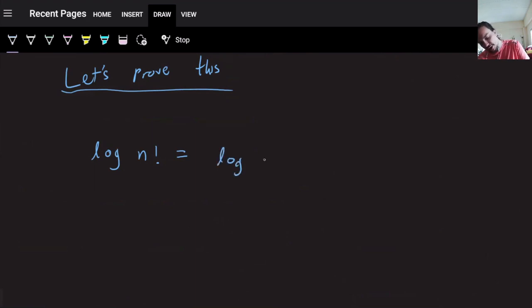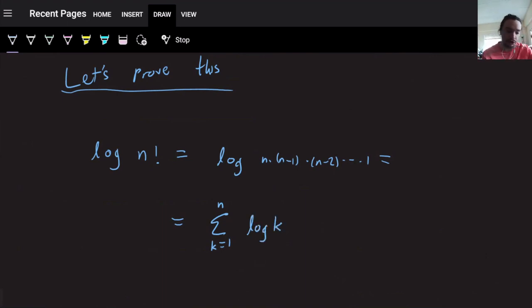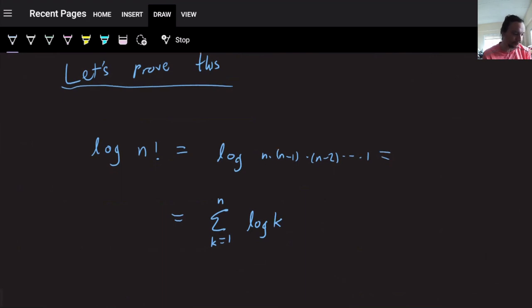It's the log of n times n minus 1 times n minus 2, etc. But we know from log rules that we can split this into a sum of logs. So this is the sum from k equals 1 to n of log of k. So I've just broken the product into a sum of logs.